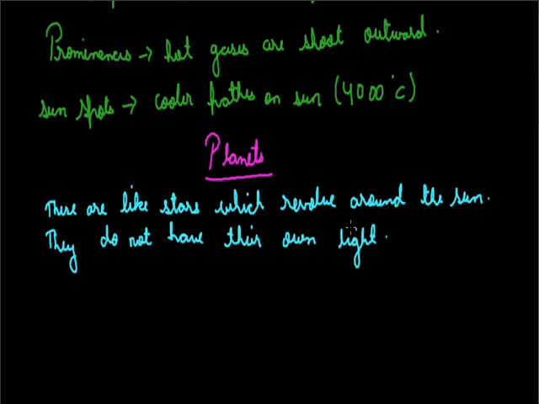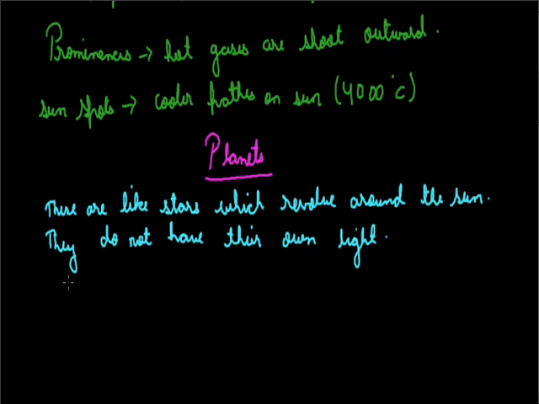Means as they revolve around the sun, they follow an elliptical path, and about the elliptical path we were given knowledge by Kepler's law. The planets are at different distances from the sun, and according to their distances from the sun, they have various characteristics.